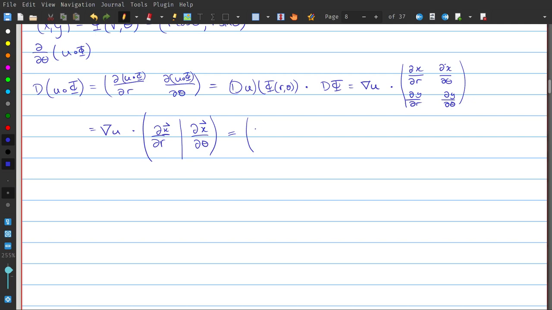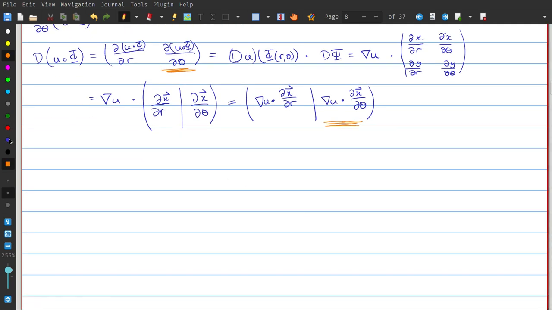So we'll have here u gradient dot product with the coordinates with respect to r, and here we'll have u gradient dot product with the coordinates with respect to theta. So we can read off that if we want the partial derivative with respect to theta of the composition, it's just this corresponding entry here.